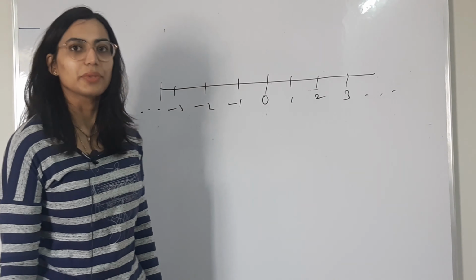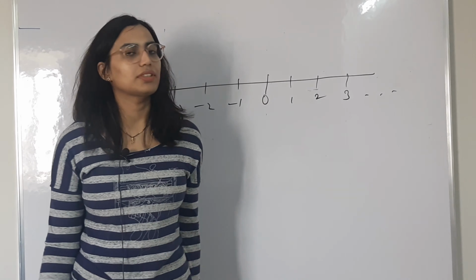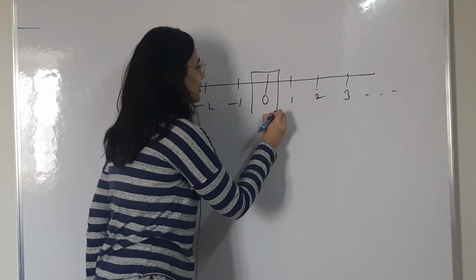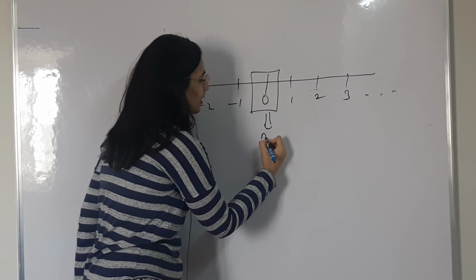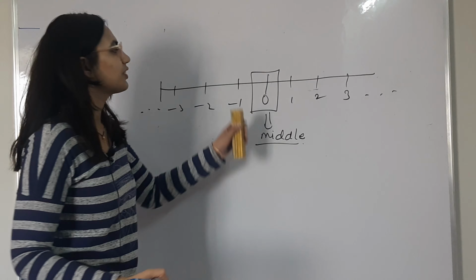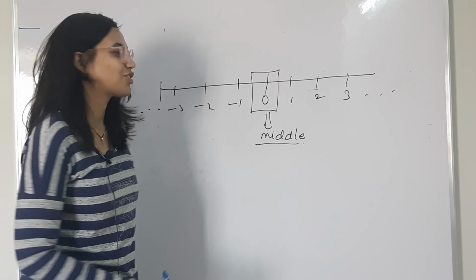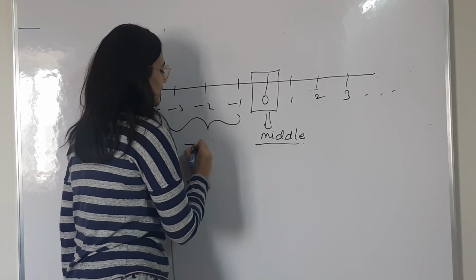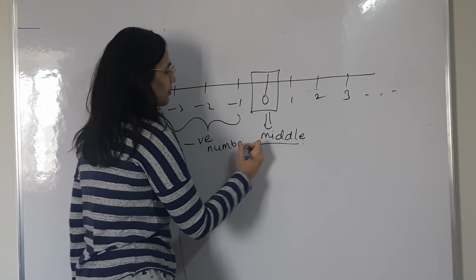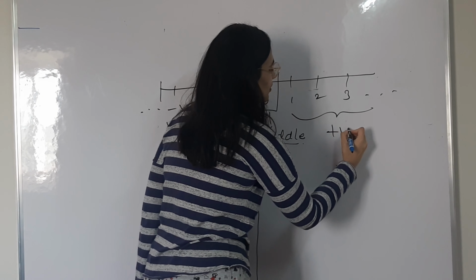This is a number line. We'll see how to draw a number line. However, in this number line, 0 is placed right in the middle of the number line, just to differentiate and separate the negative numbers from the positive numbers.